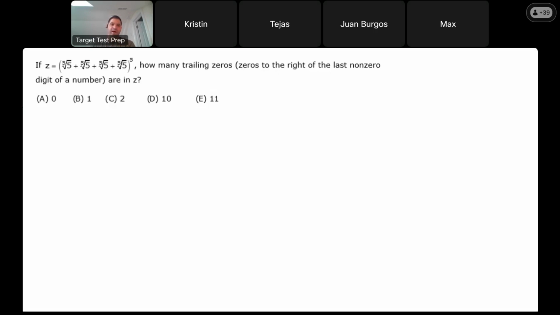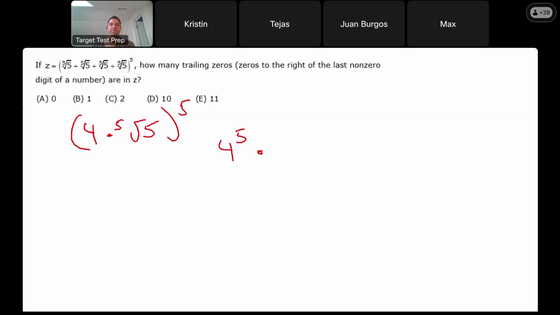Now, again, it's all going to come out in the wash, but for whatever reason, I do feel like just adding these together is a little bit easier because you just get 4 times the 5th root of 5, and of course, it's all to the 5th. So it's just something to keep in your back pocket.